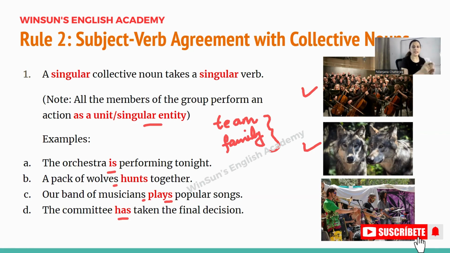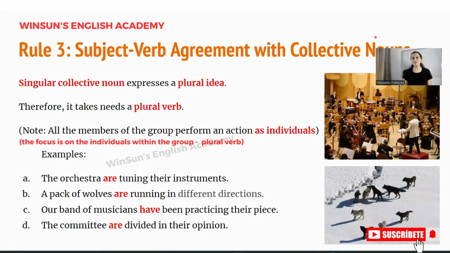So the collective nouns that we have, orchestra, pack of wolves, band of musicians, committee, they're all working as a singular entity. That is why they take a singular verb. Okay? Let's look at rule 3 now.